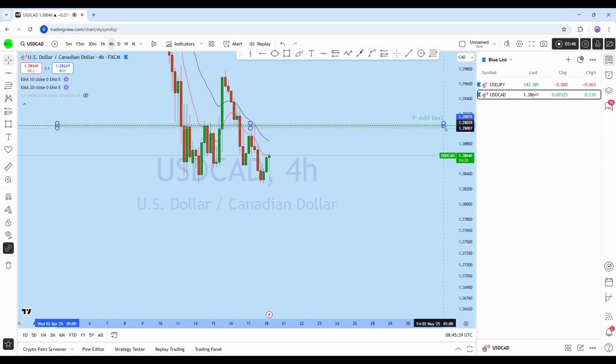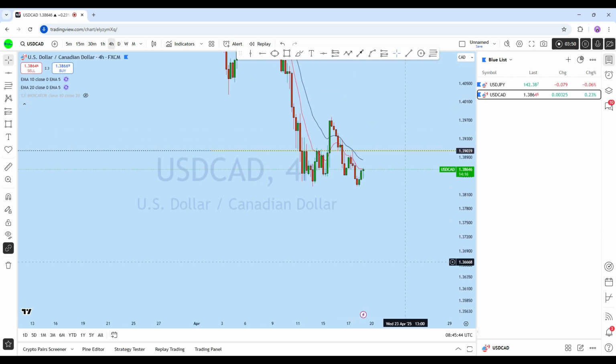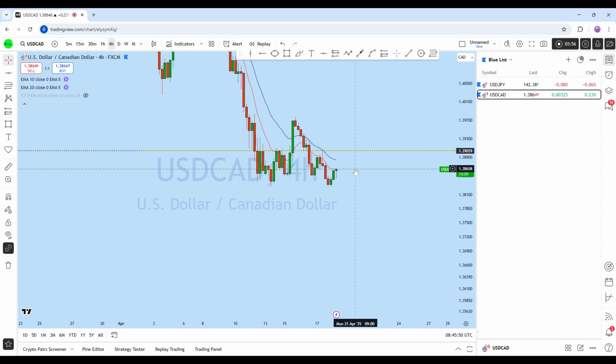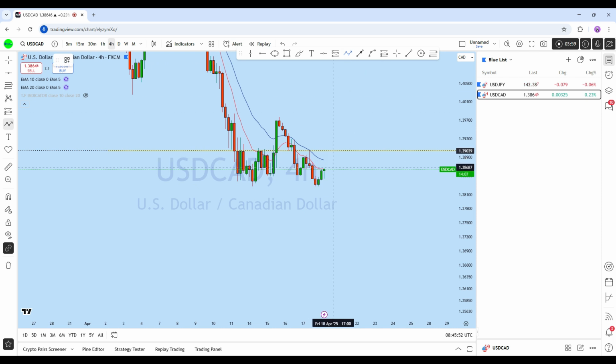We're expecting dollar CAD potentially to test and then to revert back again in the major direction of the trend. So this is a very important resistance line, expecting dollar CAD to potentially grab the liquidity and then to trend back again in the major direction.